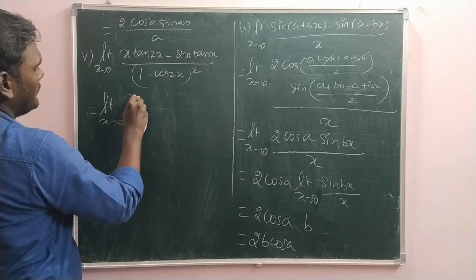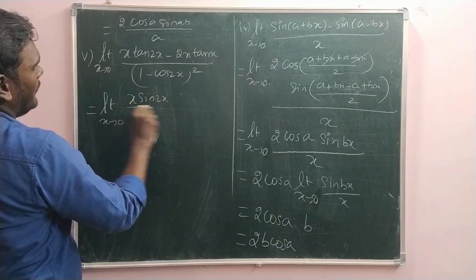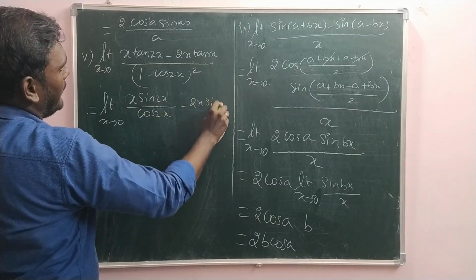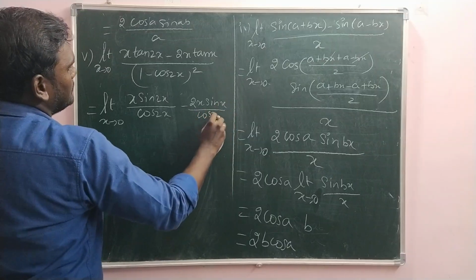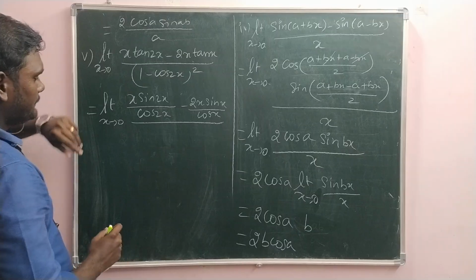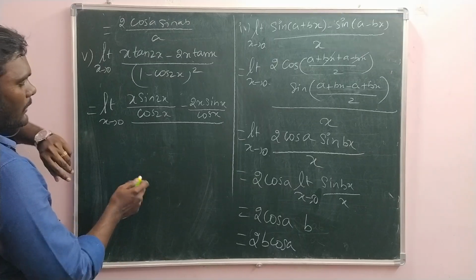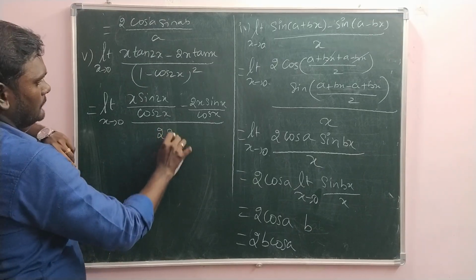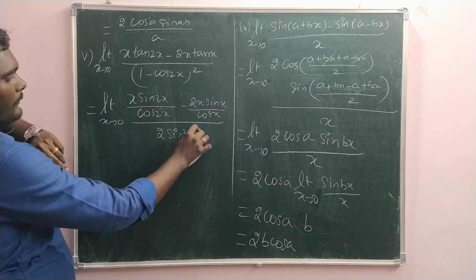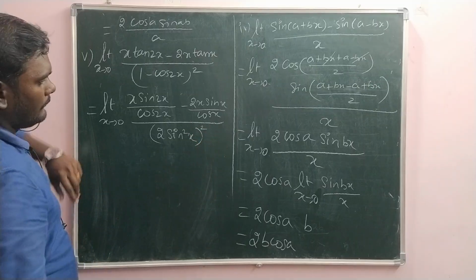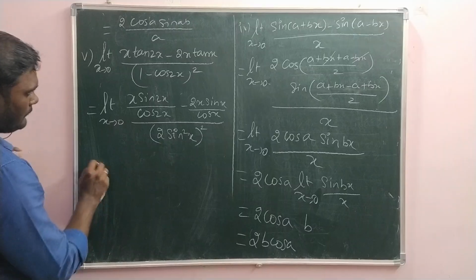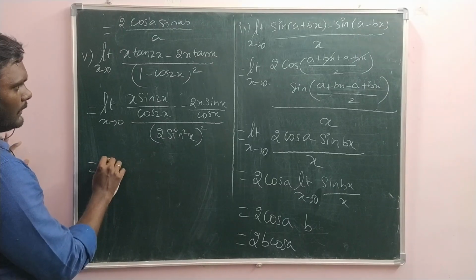We'll see what happens. x sin 2x by cos 2x minus 2x sin x by cos x by 1 minus cos 2x, and what is the formula? 2 sin square x.